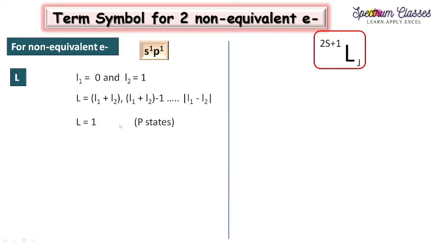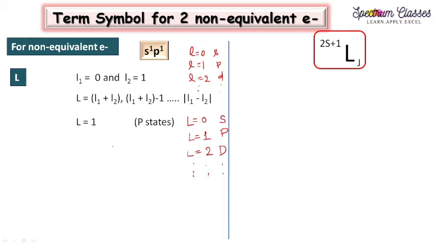If you have any confusion, so here I am writing again. L is equal to 0 stands for S, L is equal to 1 for P, and L is equal to 2 for D, and so on, right? And for states, capital L, or total orbital angular momentum, if it is 0, then it is having state S. If L is equal to 1, it is having P state, and if L is equal to 2, it is D, and so on.